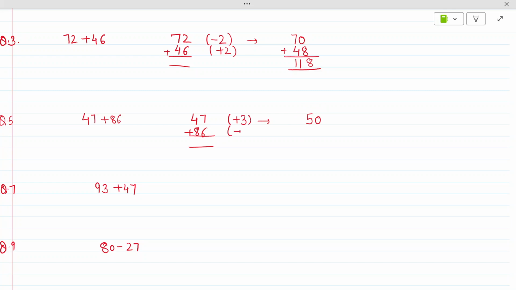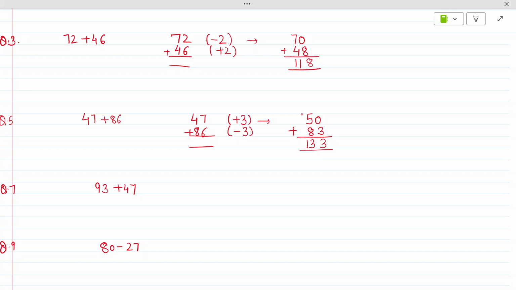The same number I will subtract from the second number. 86 minus 3, which is 83, right? And the last step is to add the two numbers. This is 3, 8 plus 5 is 13.